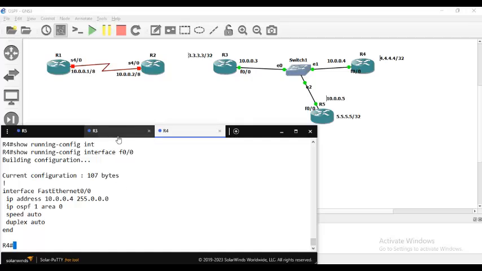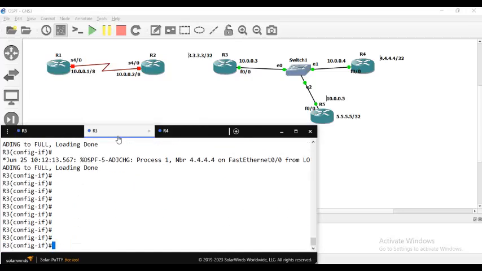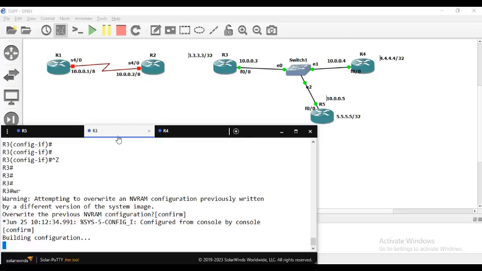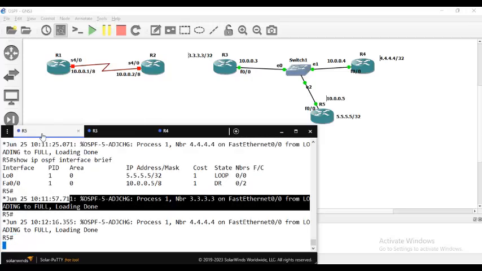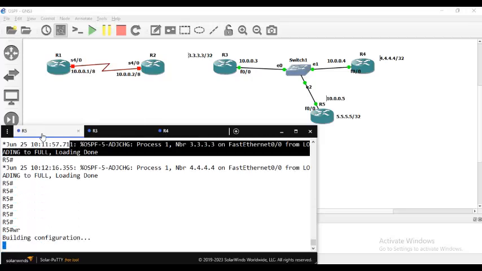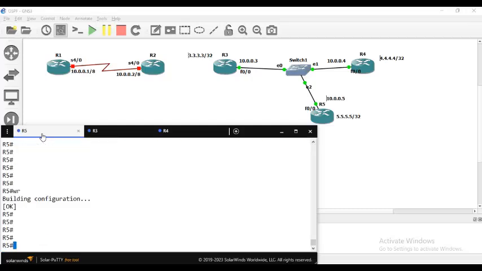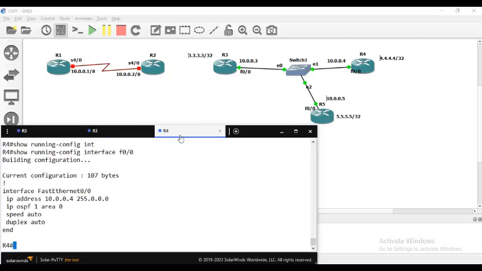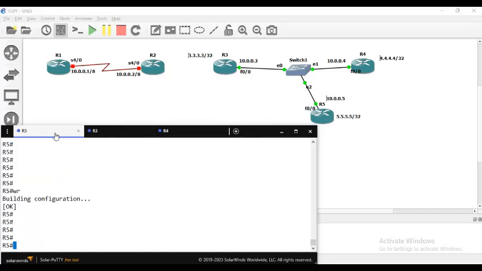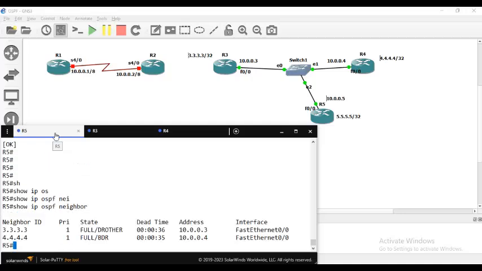That's all. Okay, no more flapping. Where are we? Let us check whether we have neighbors now. Show IP OSPF neighbor. Yeah, we can see router 5 is the DR. That's why we are not seeing that in the list. We are already on router 5. Router 4 is BDR. And router 3 is DR other.